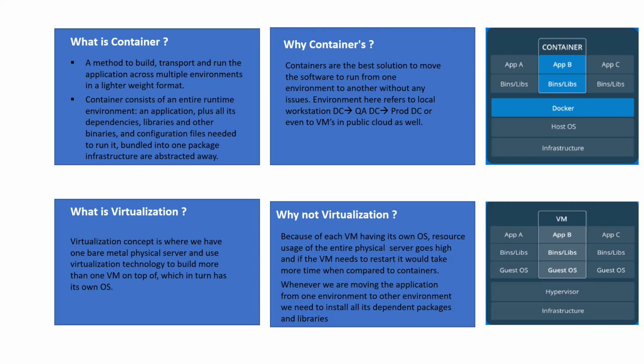If I need to move my code from the development VM to the UAT or staging VM, I need to install the same operating system again, the same binaries and libraries I installed in the previous VM, and the application code needs to be copied or checked into the new VM.